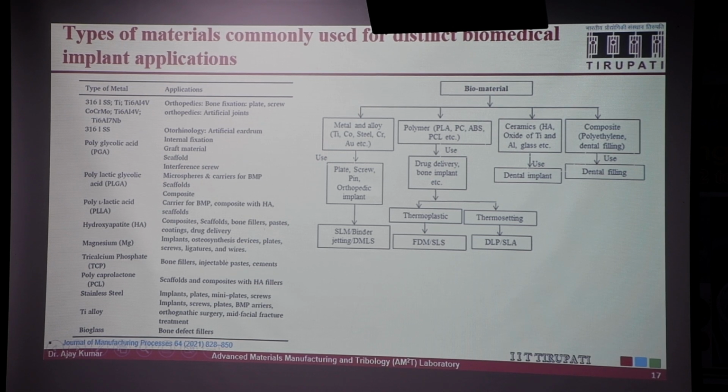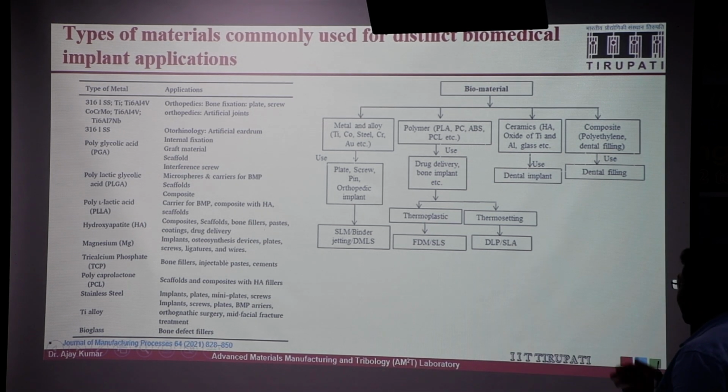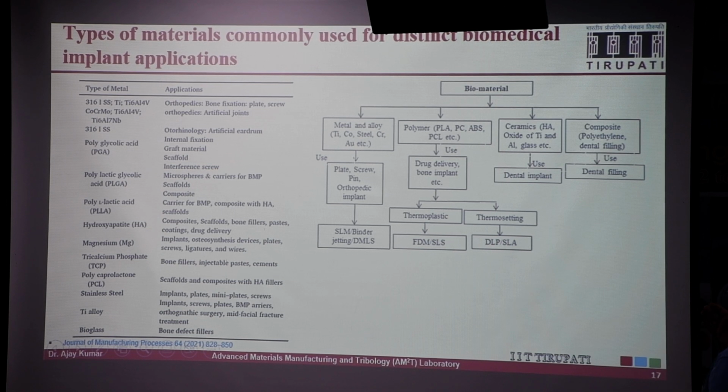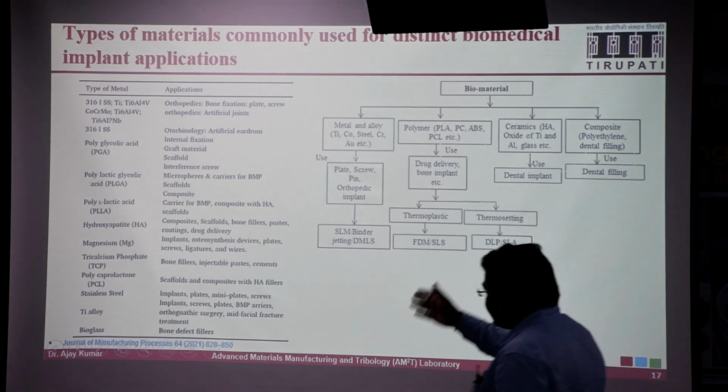For each material category we have individual processes. For metal alloy we have SLM and DMLS processes. For polymer we have FDM, SLS, and also DLP and SLA processes. And these are the names of the different materials.